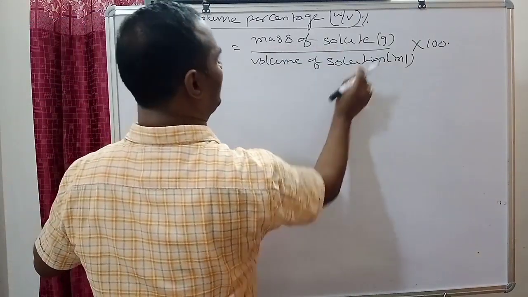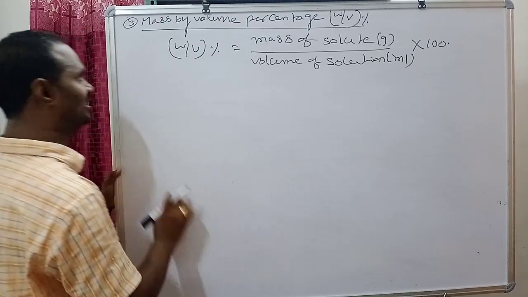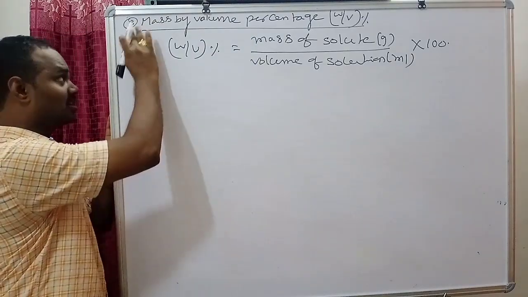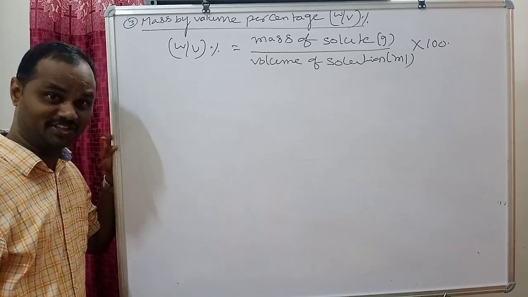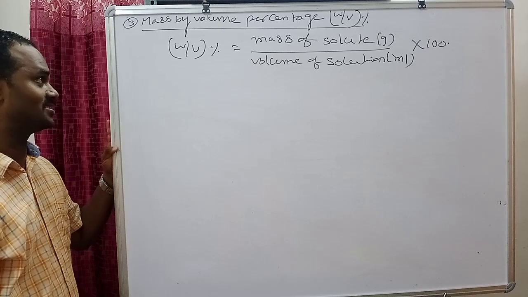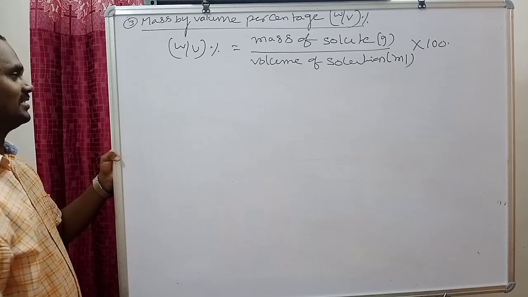It means how many grams of solute are dissolved in 100 ml of solution. This concentration method is generally used in medicine and pharmaceutical industries to measure medicine concentrations.